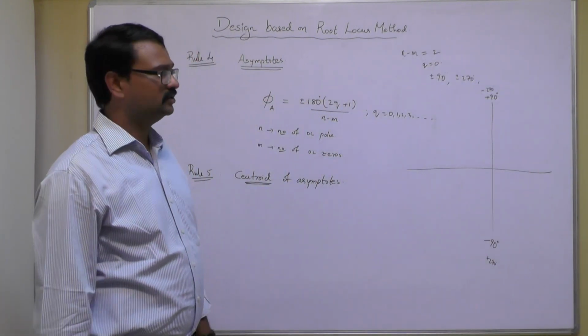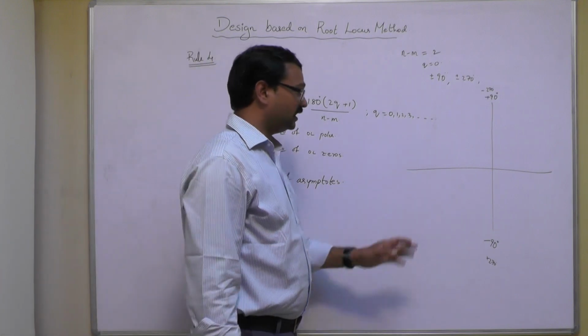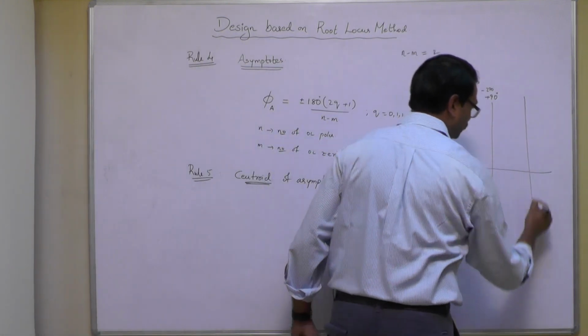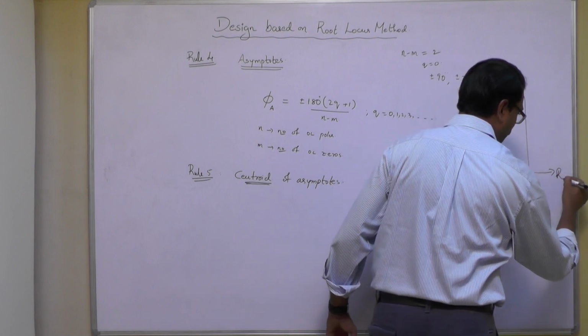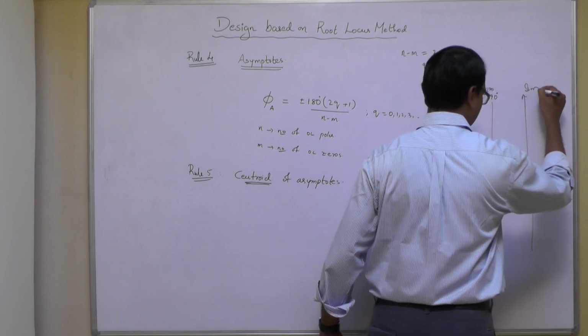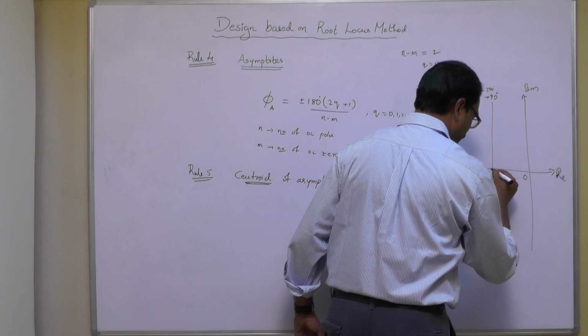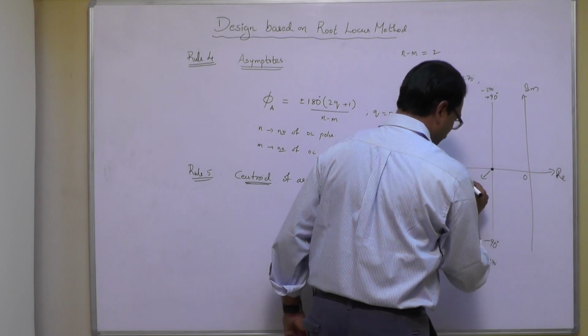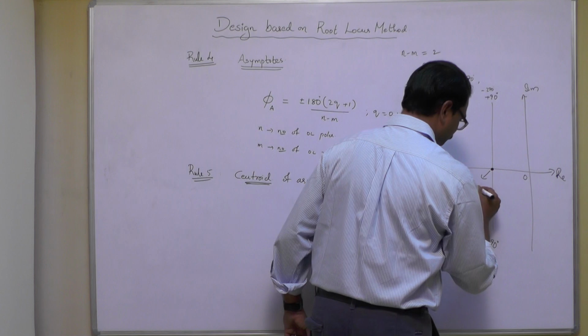Okay, so you will be having those asymptotes and you will be discussing that, and if your real part and imaginary part are here, this can be called as the centroid of the system.